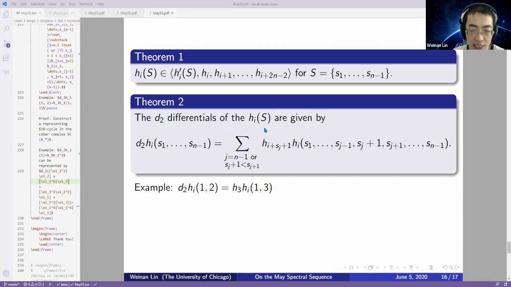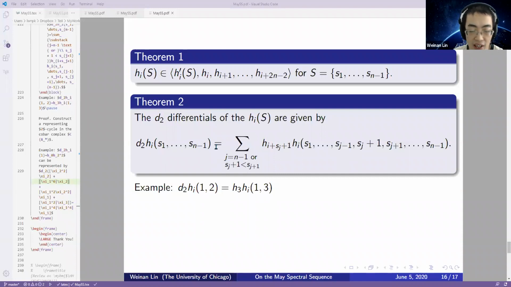But d2 of b_{ij} are already computed by May. In May's thesis, you can find the general formula for d2 of b_{ij}, but we didn't know d2 of H_{i,S} in general yet.